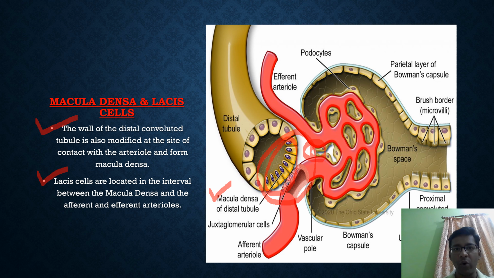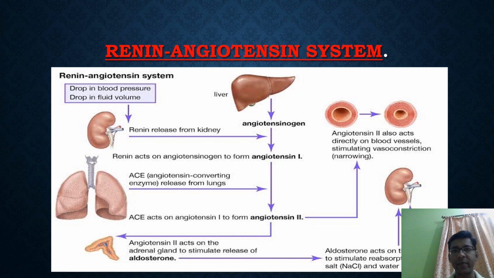So, coming to the renin-angiotensin system, a very important system in the medical field. We have already seen where renin gets secreted from. So, renin gets released from the kidney, more specifically from the juxtaglomerular apparatus, and from the liver a specific substrate gets secreted, called angiotensinogen.